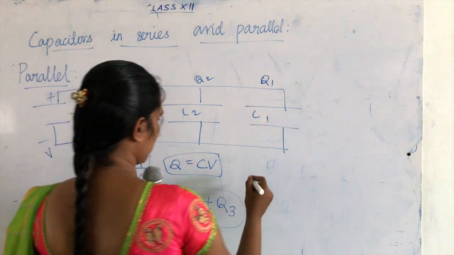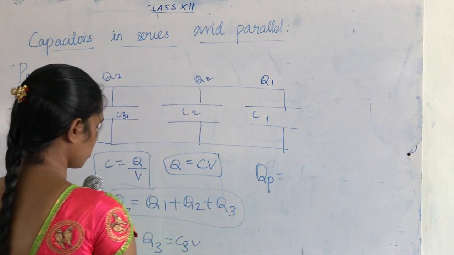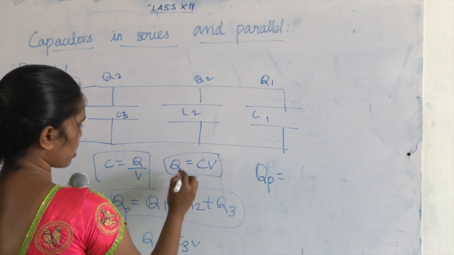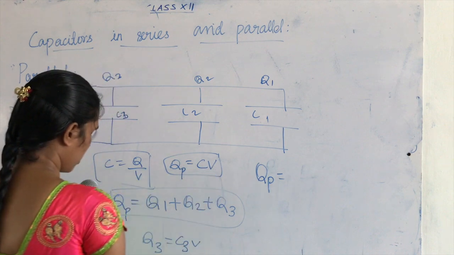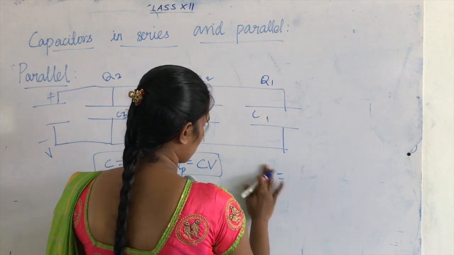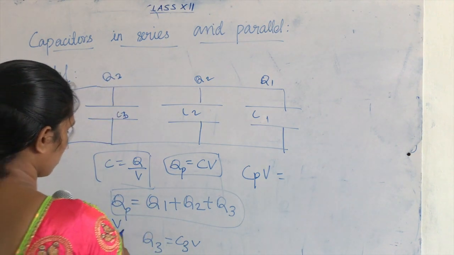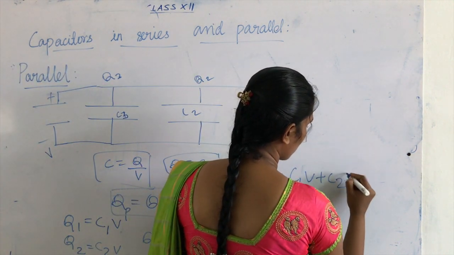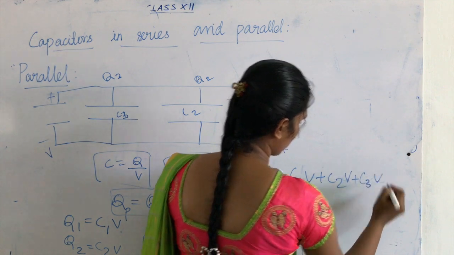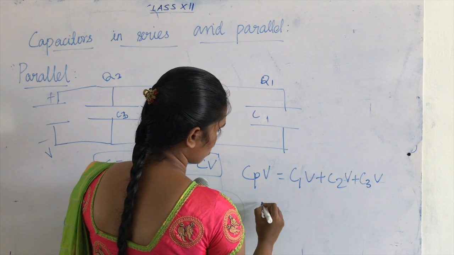Now, add the three. QP you can write as CPV, isn't it? Right? CPV. Okay? Now, C1V plus C2V plus C3V. Now, take the common one outside.